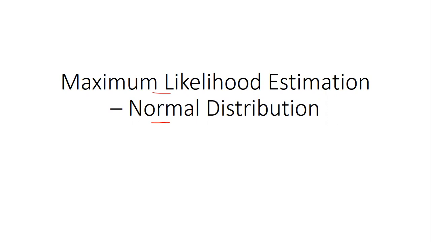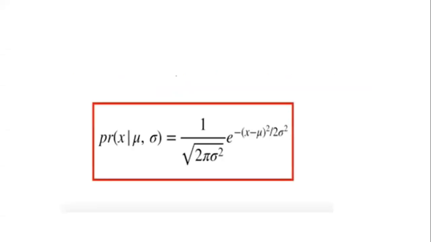With respect to the type of the distribution, the maximum likelihood estimation differs. The most commonly used distribution is normal distribution, and let us try to understand how to estimate the maximum likelihood for a normal distribution. This is the objective of this lecture.